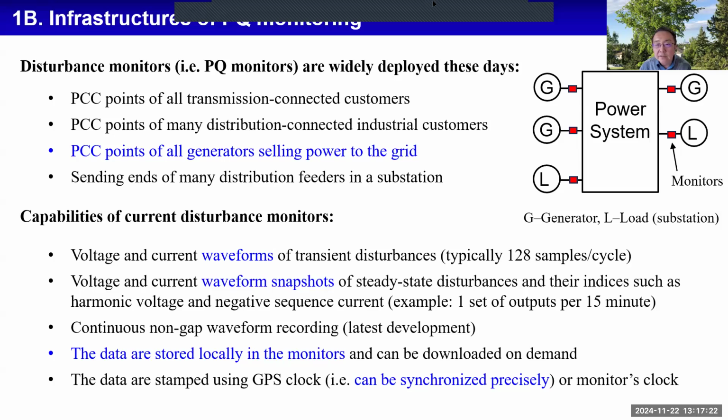If you have 2 locations, for example, you record here and here, you have 2 waveforms. You have to line up those two waveforms properly with the same time. Then the GPS timestamp can be used to line them up. And nowadays, increasingly more monitors have the GPS clock. Okay, so that's the infrastructure.